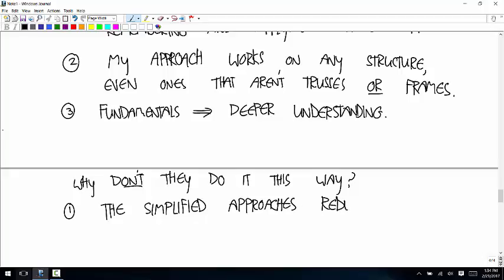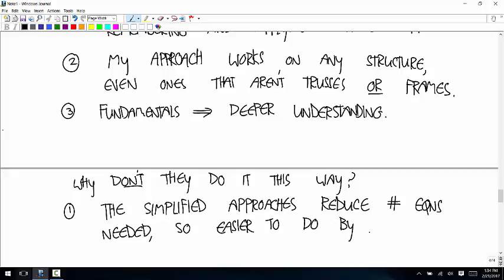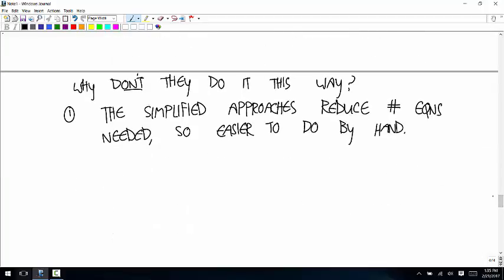You know, they reduce the number of equations needed, so they're easier to do by hand. My answer to this is these approaches have been in textbooks since, I don't know, since engineering school started, basically.